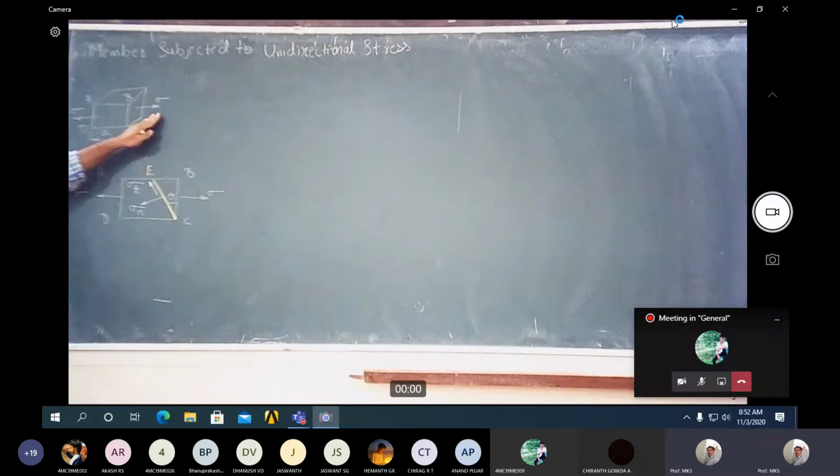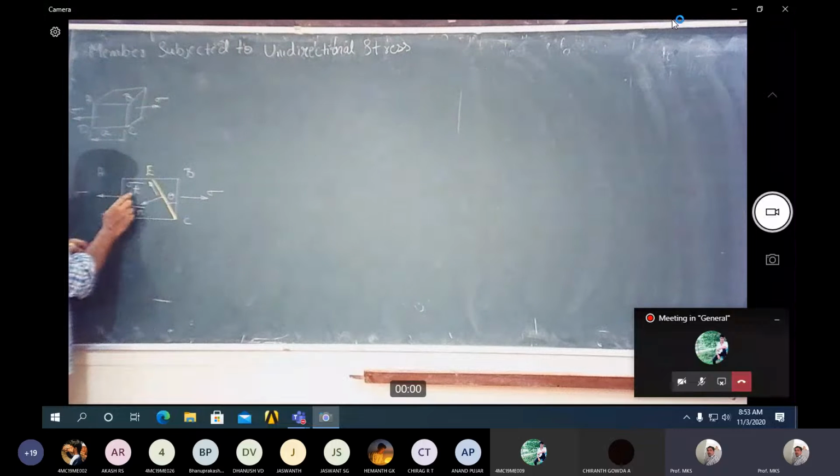To derive the expression for a stress acting on an oblique or inclined plane, we have considered an inclined plane EC, inclined at an angle theta. As it is inclined, there are two stresses generally acting on it. One is normal stress, another is tangential stress. Normal stress is always perpendicular to the plane. Tangential stress is always parallel to the plane.